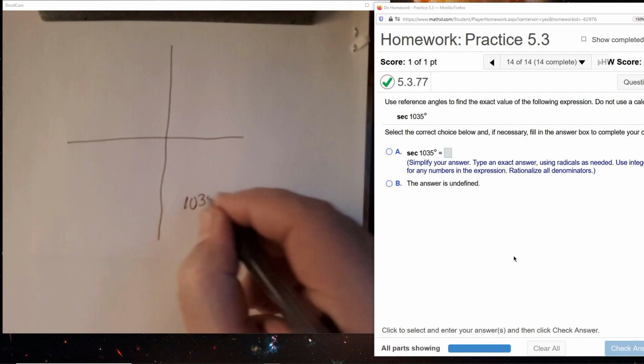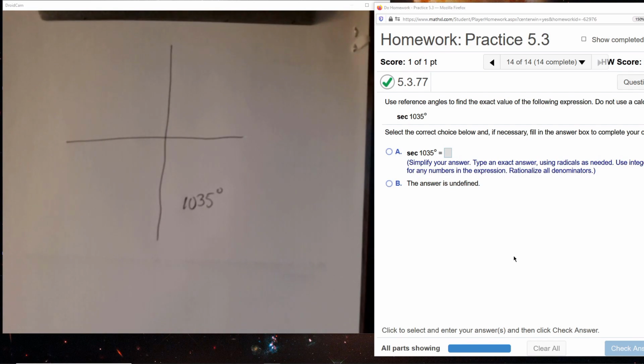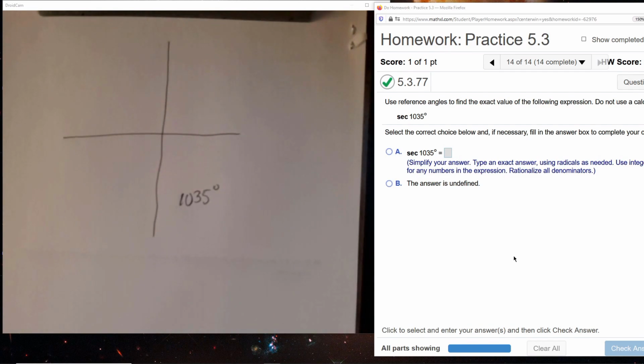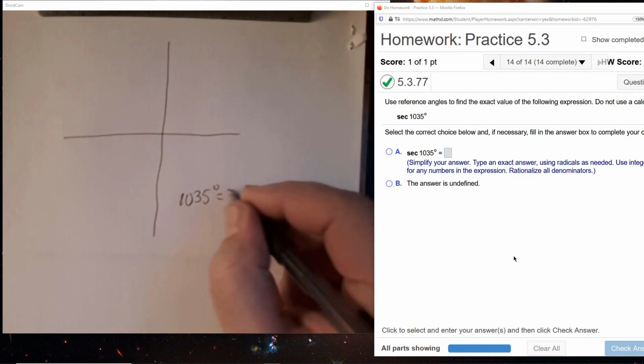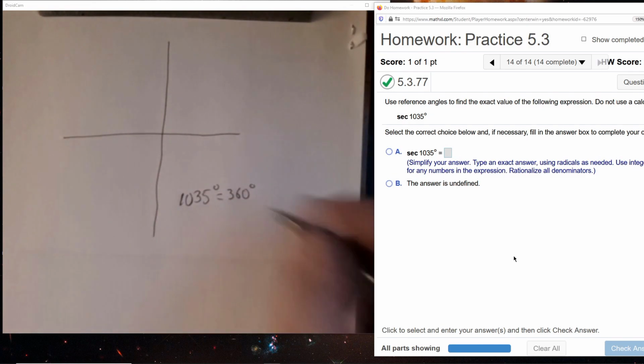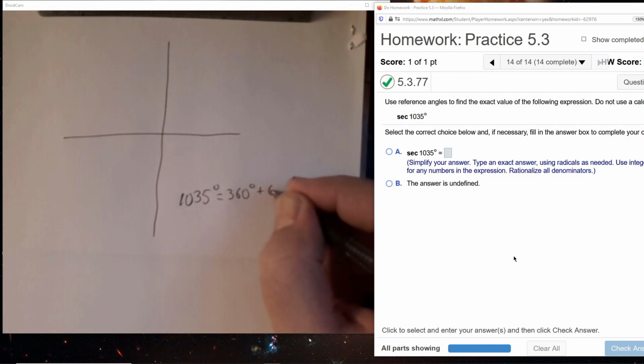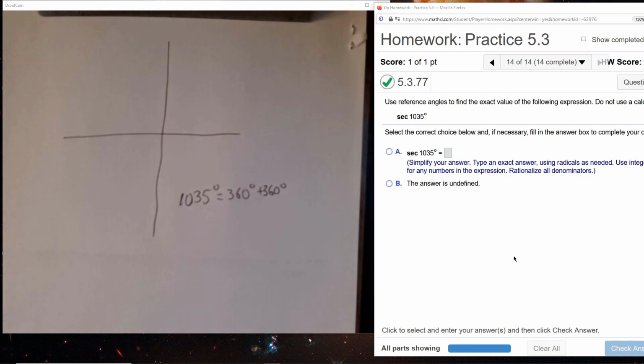And we want to first deal with how many revolutions are in this angle. We have 360, 720, and now if we add another 720 to 360, we'd get too much.